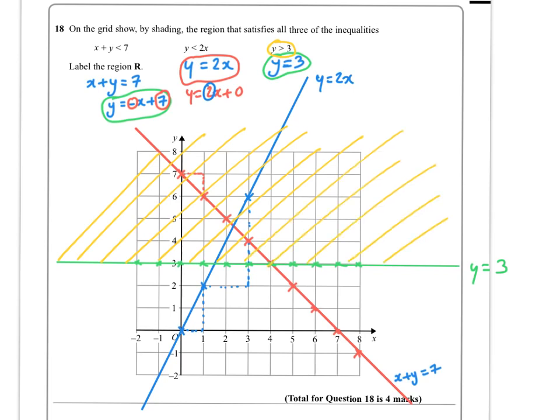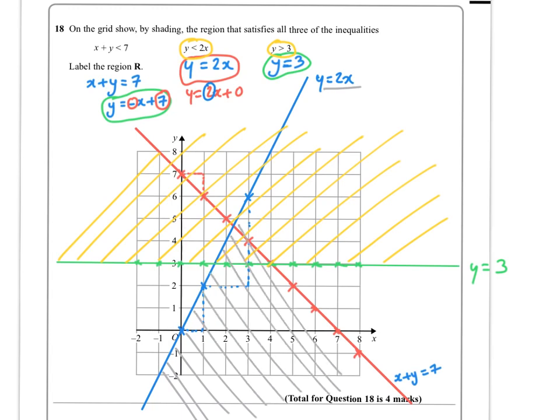Okay, now we're going to take the line y is 2x and go everything less than that. So we're looking at the line y equals 2x, we're going everything less than it. So here we go. And when you're in the exam, you obviously won't have all these coloured pens, just shade in a different direction.